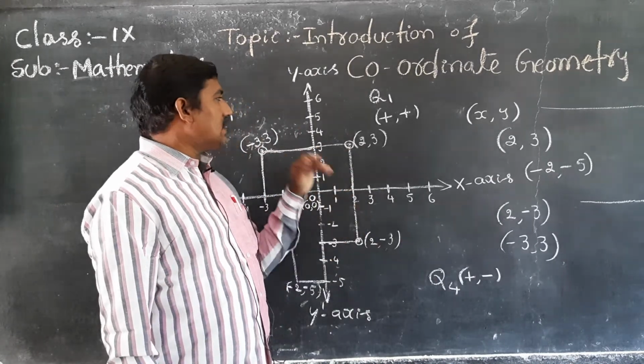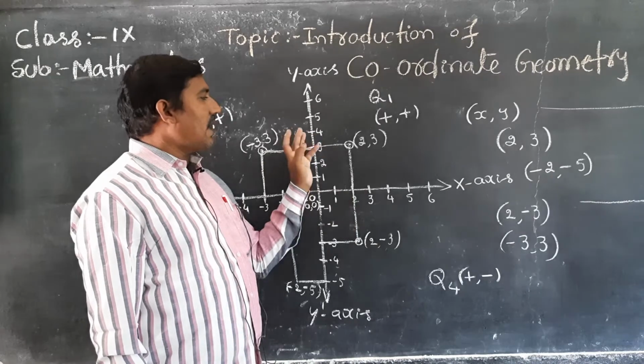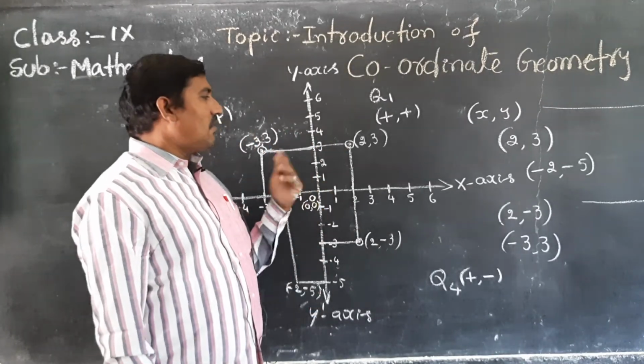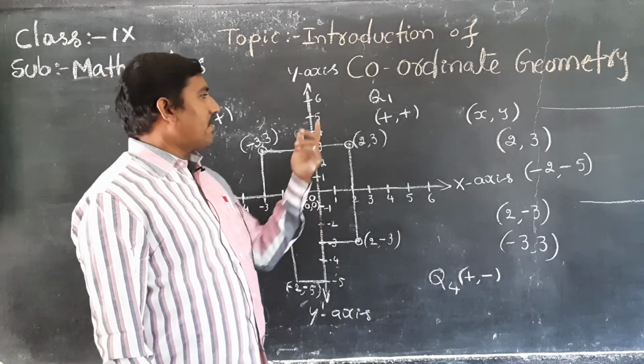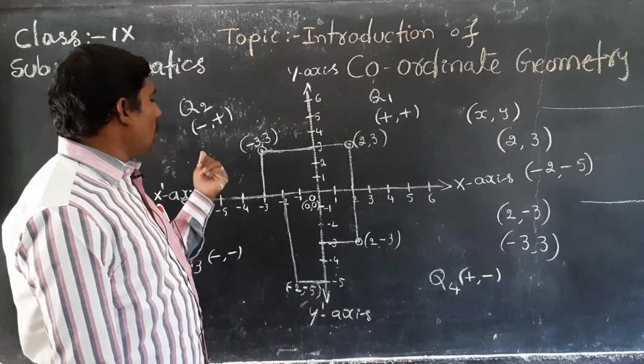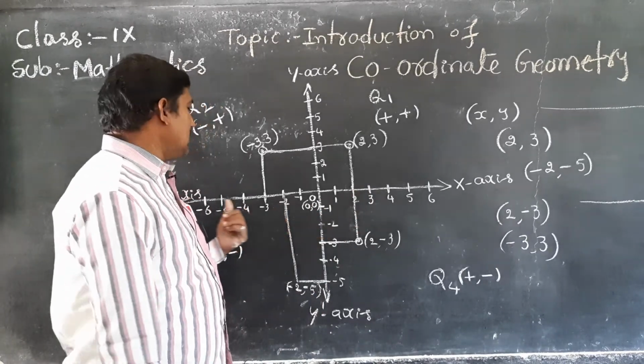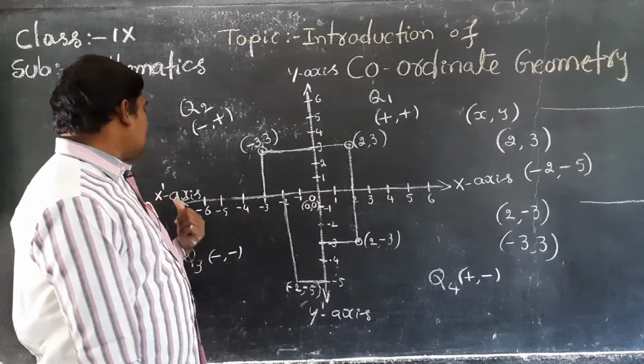Together, the x axis and y axis divide this plane into four parts. Those four parts we named quadrant 1, quadrant 2, quadrant 3 and quadrant 4. And the x axis is the x axis and x dash axis.